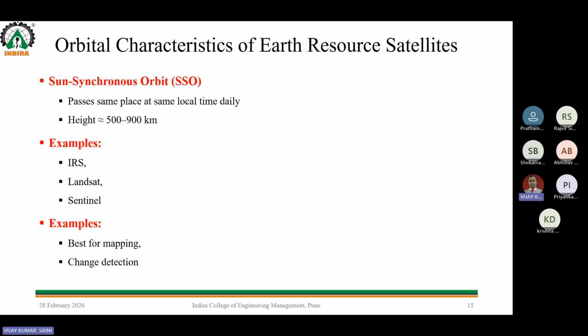The example is best for mapping and change detection because it is, yes, Shonali has sent a message. Shonali, everything good? Shonali said she cannot open the page because the address is invalid. No, beta, I think six people are already there in the meeting.